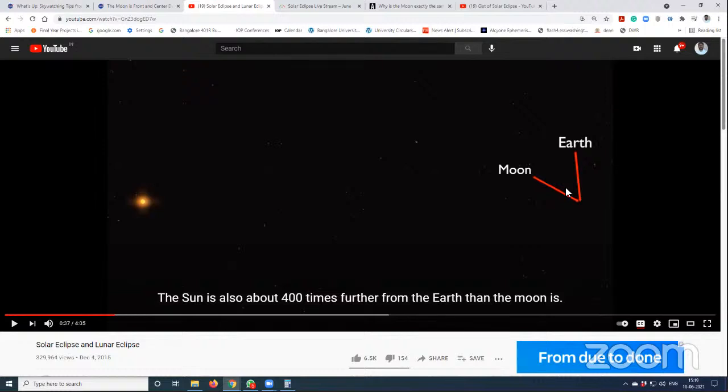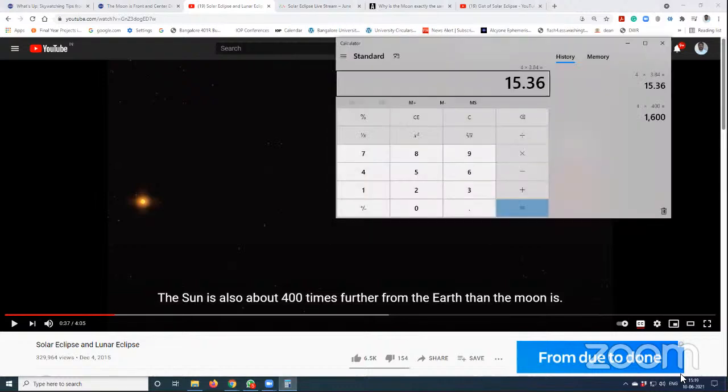Assume the dimension of the sun is 0.7, that is 1.4 million kilometer.